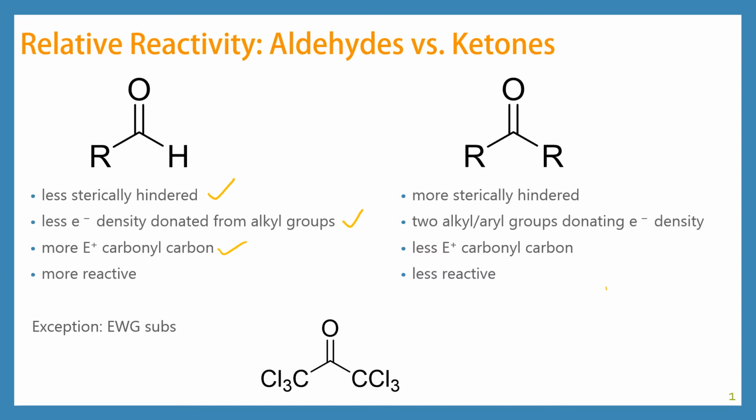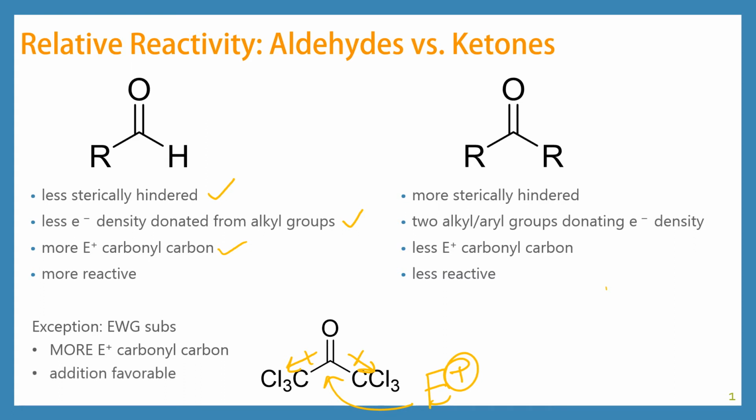The electron density is actually getting pulled away from the carbonyl. That makes this a huge electrophile. So we have a much more electrophilic carbonyl carbon, and that's going to make addition favorable. So this is your one exception, when you have some sort of massive electron withdrawing group as part of a ketone.